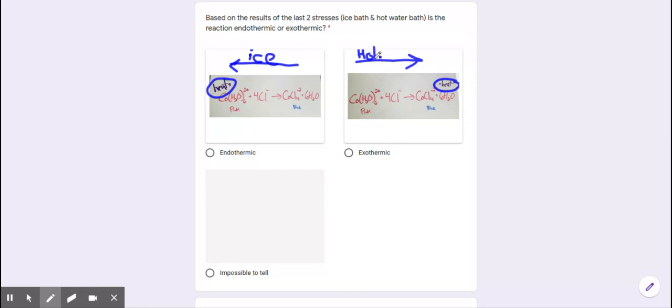Now, this question is a little bit different because you don't know. We're trying to find out, is it here or is it here? Well, if you remember Le Chatelier's principle, if you lower the temperature, the system will shift towards the heat because it wants to get warmer.